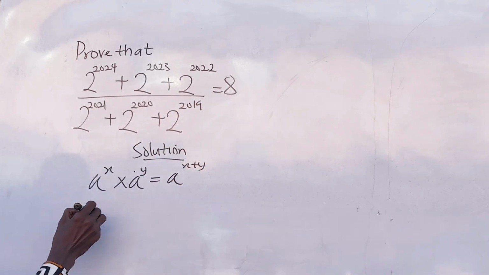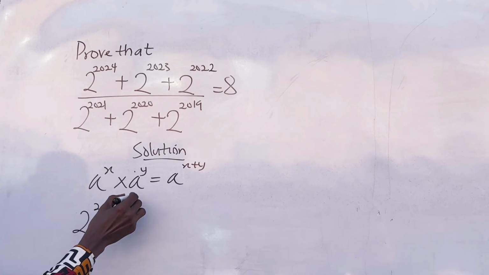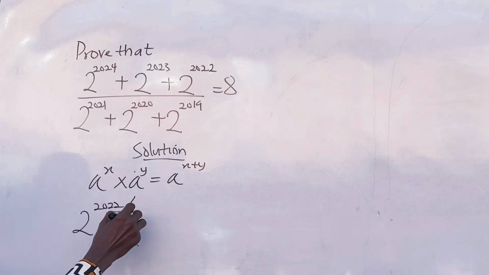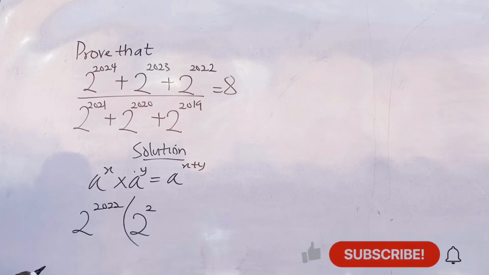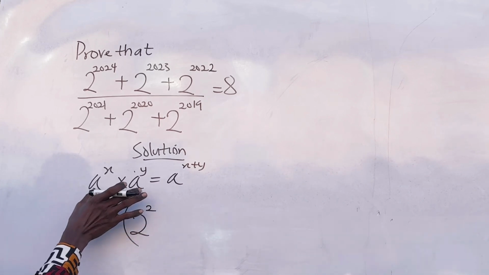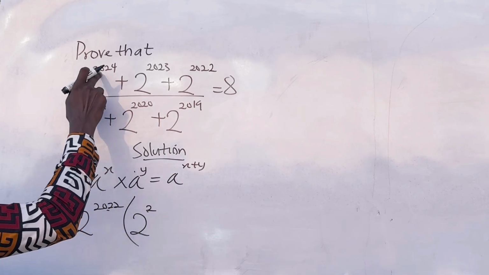So if we pick 2 raised to the power 2022, this first one will give us 2 raised to the power what? 2. Because if we multiply 2 and 2, just like we said here, we're going to add the powers. And if you add the powers, 2022 plus 2, that's 2024, right?